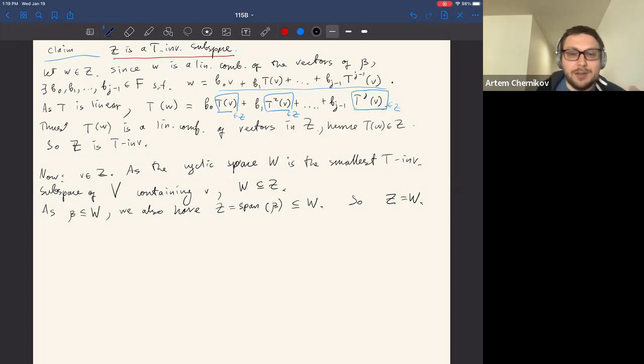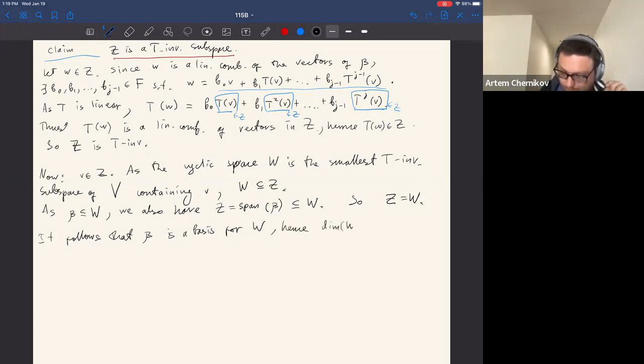But this means we are done, because then it follows that beta is a basis for W, right? So beta is a basis for W. Hence, the dimension of W is equal to j, and so we conclude that j is equal to k. So this proves part A of the theorem.